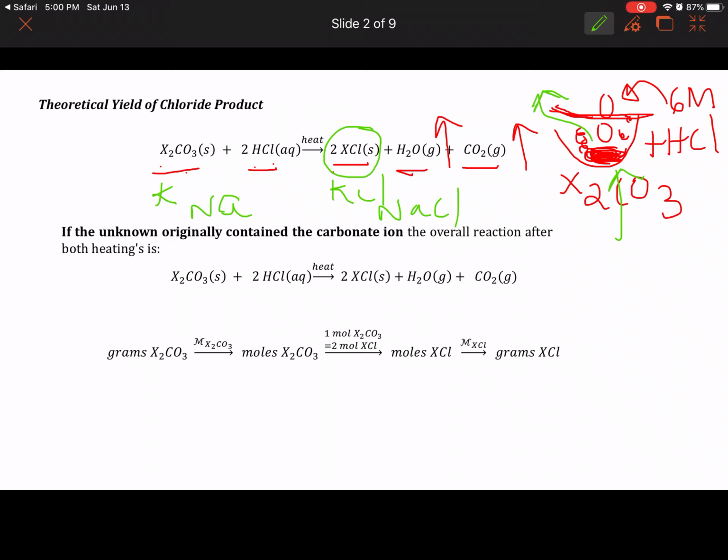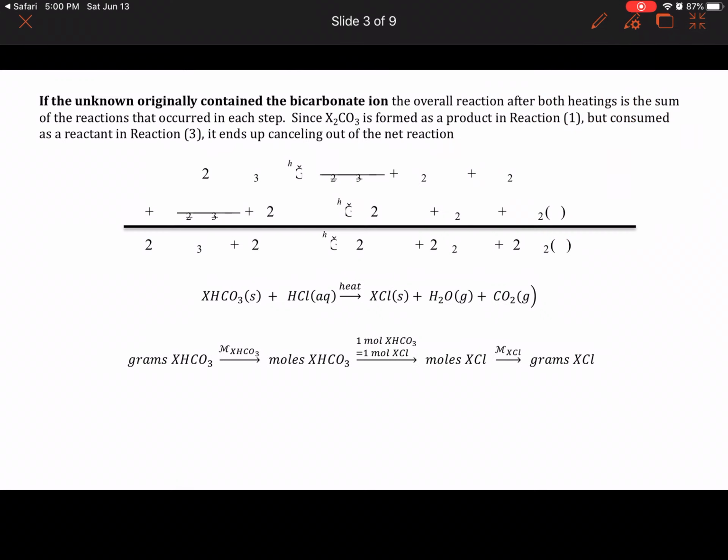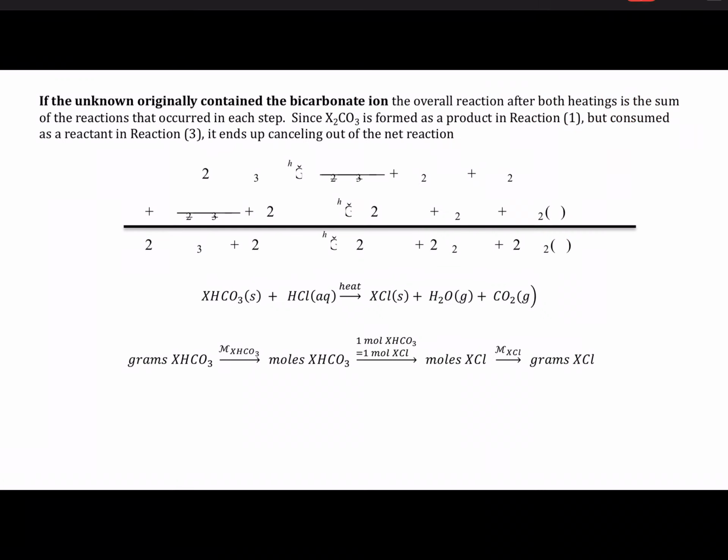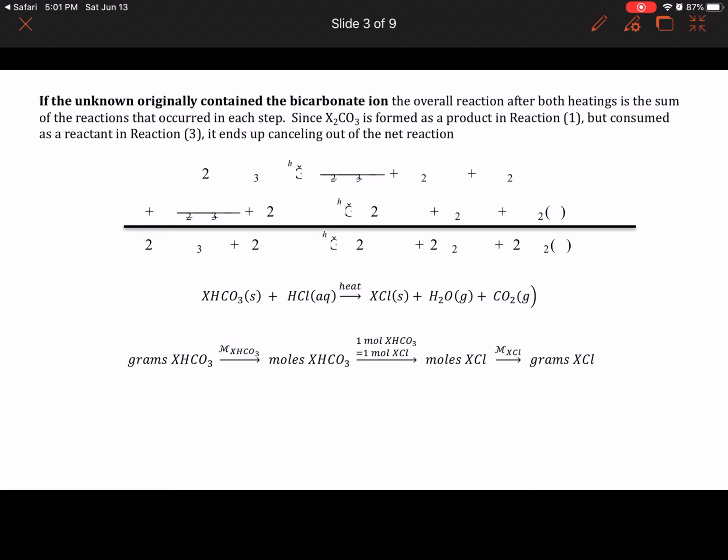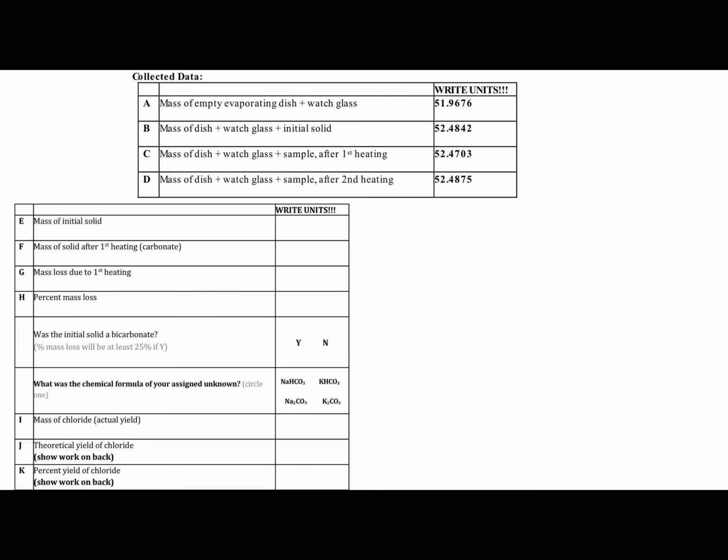Okay, so those are the data you're going to get. The data you're going to get is the mass of the empty evaporating dish and the watch glass, before you put your stuff in it: 51.9676.